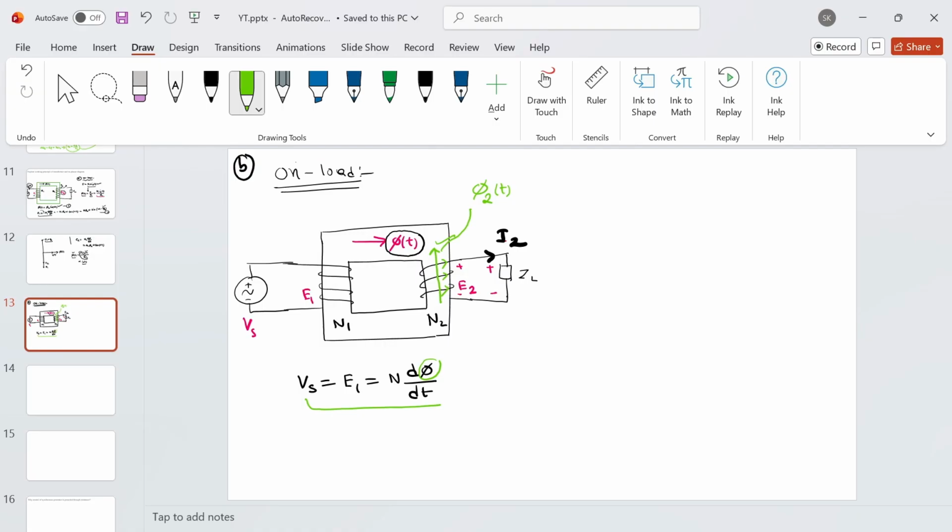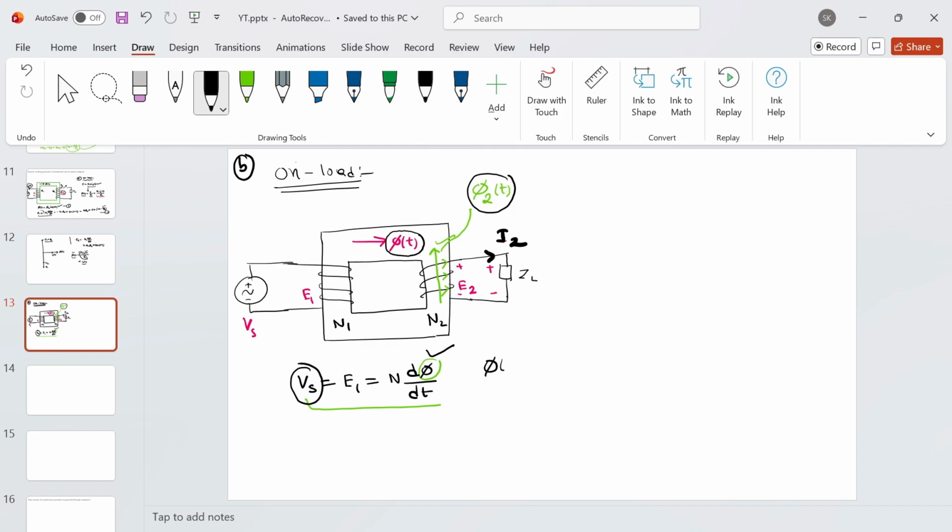What I'm saying is, because of this opposite polarity of flux, there should not be a case where your core flux reduces and you are getting many different fluxes at different instants. That will not be the case, because your source voltage is constant. So to keep the source voltage constant, your phi of t also needs to be constant.